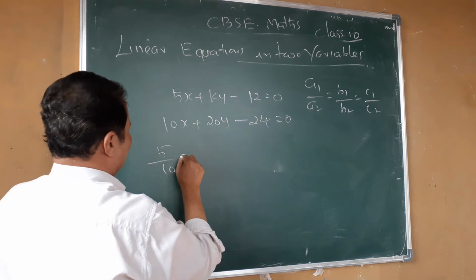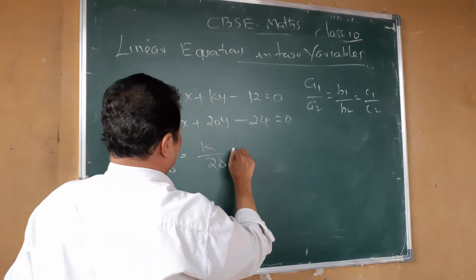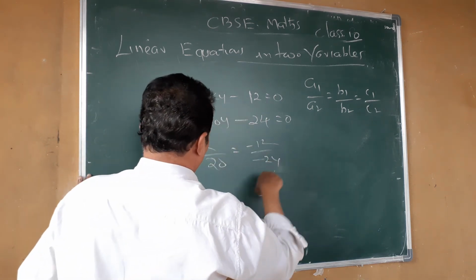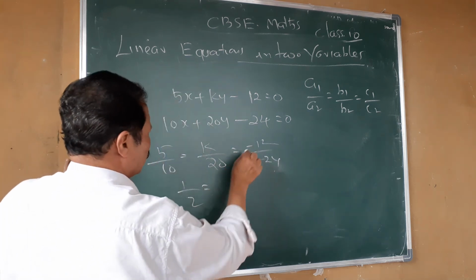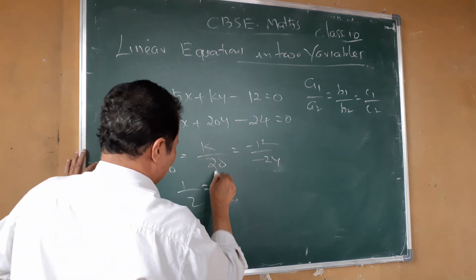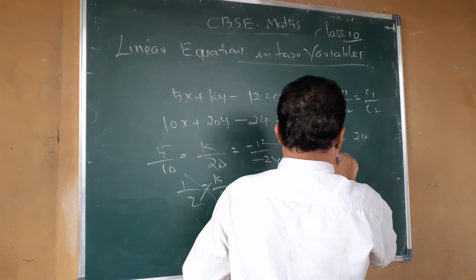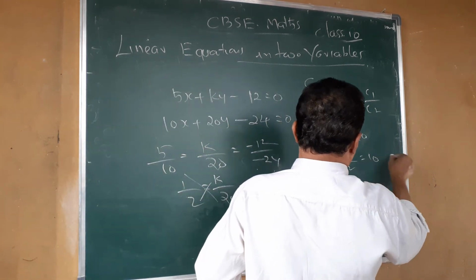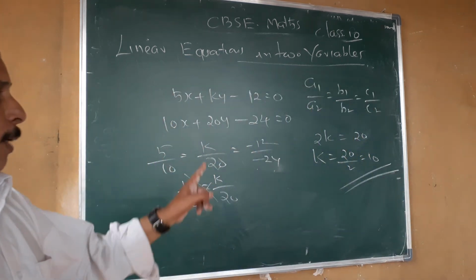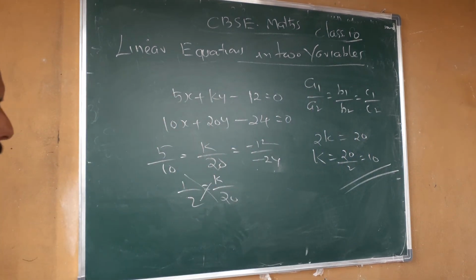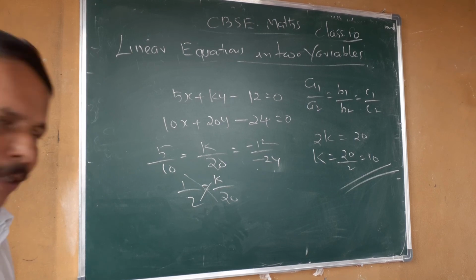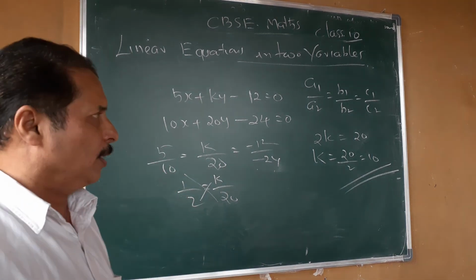So 5 by 10 equal to k by 20 equal to minus 12 by minus 24. This is 1 by 2, this is also 1 by 2. Is it clear? So cross multiply. 2k equal to 20. k equal to 20 divided by 2 equal to 10. Your answer is 10. k is equal to 10. Then infinite number of solutions.